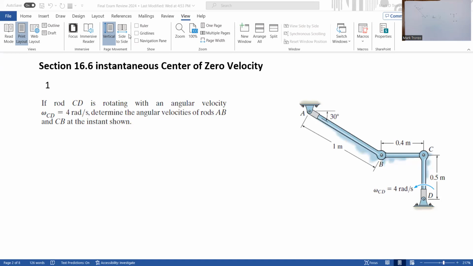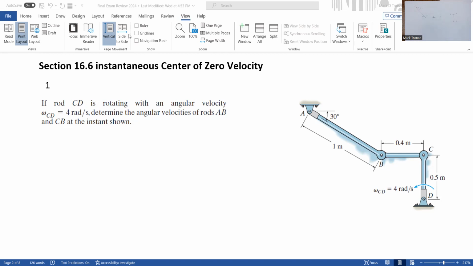In particular, remember, if something is rotating about a fixed point, the velocity at the end of the rod connected to that point will be perpendicular to the rod. So again, in this case, at A and at D we have a fixed axis about which the rods are rotating.